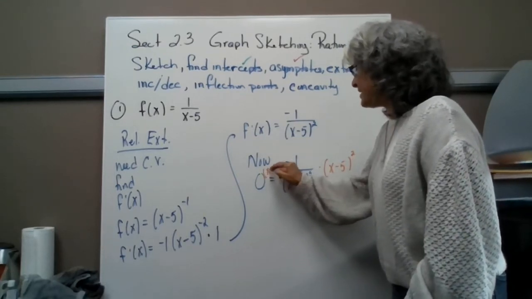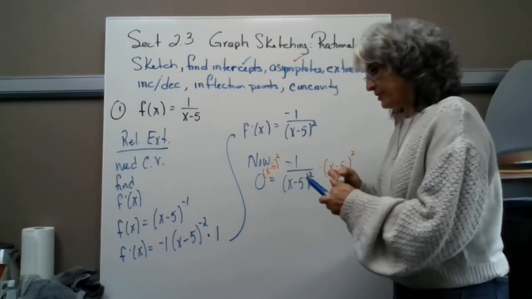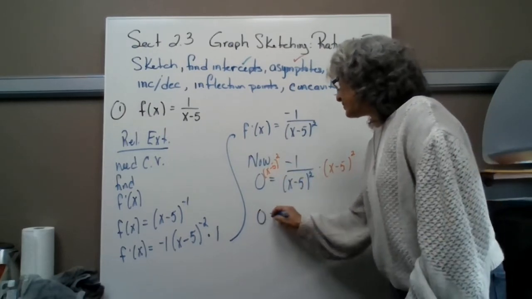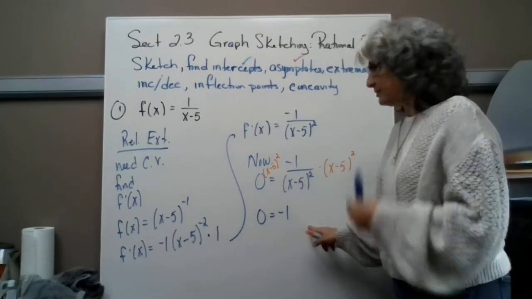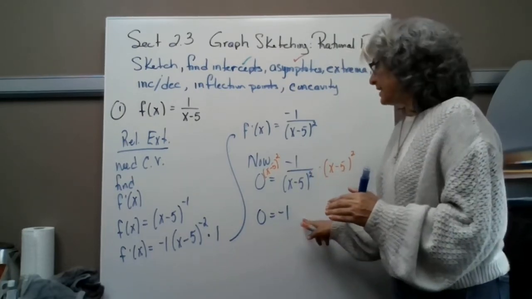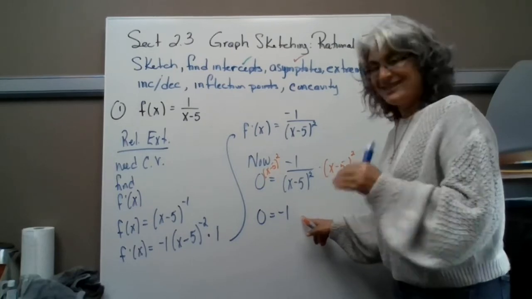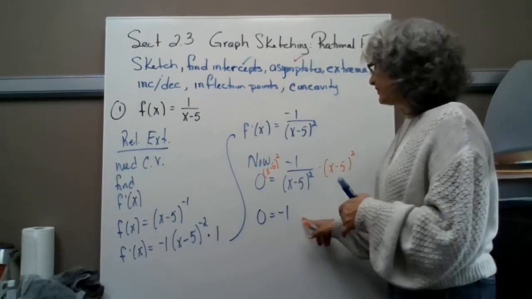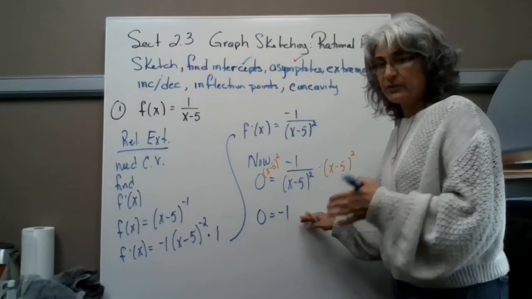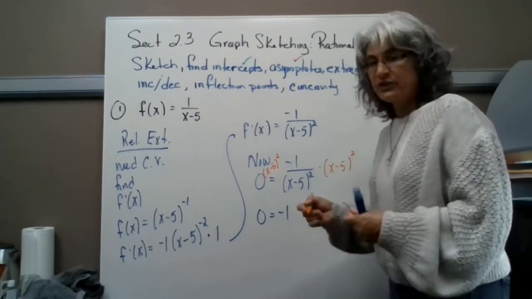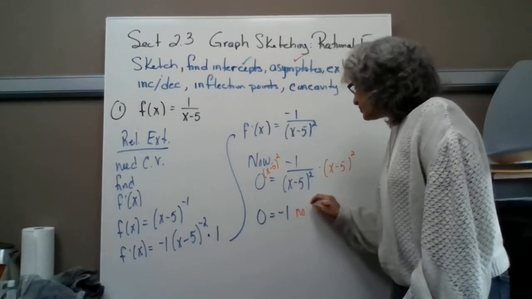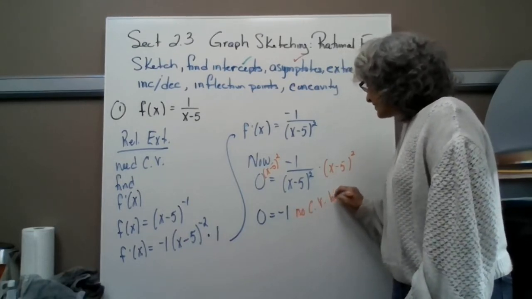And again, anything times 0 is still 0, which is going to leave me 0 equaling negative 1. Is this a true statement? No. So in this particular case, this method of finding the critical value isn't working for us. According to this, I don't have a critical value. So there's no critical value by this method.